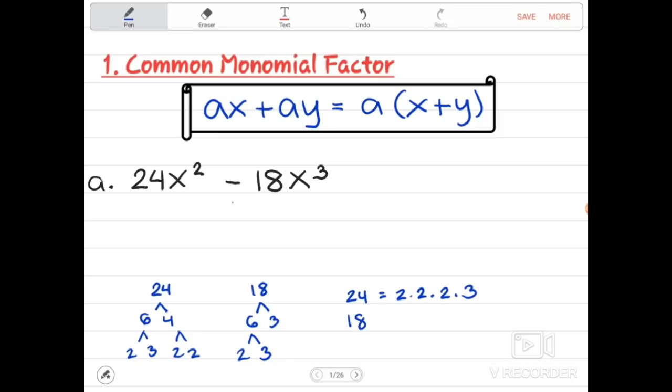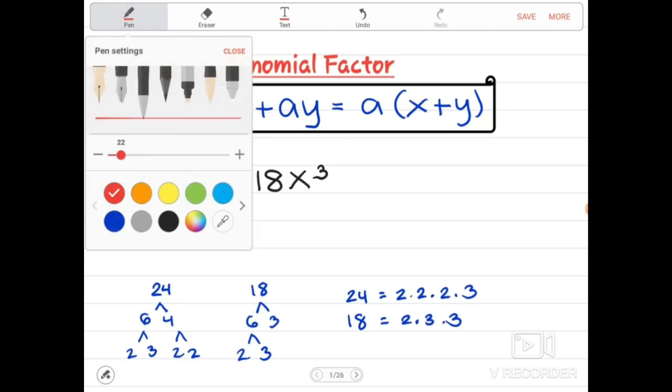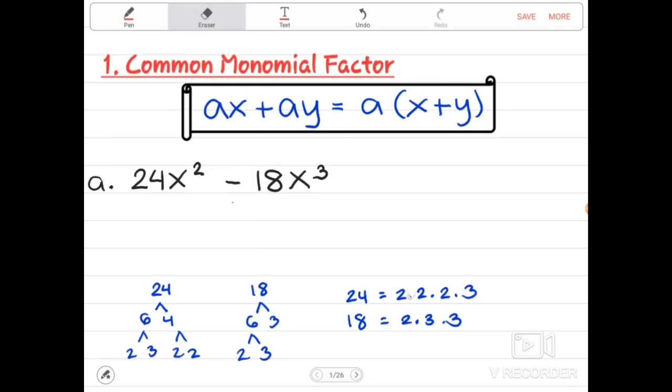For 18, we have 2 times 3 times 3. Then let us get the greatest common factor. So we have 2, 3. So the greatest common factor of 24 and 18 is 6.